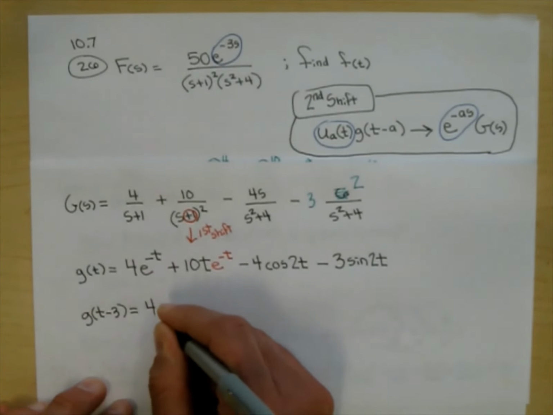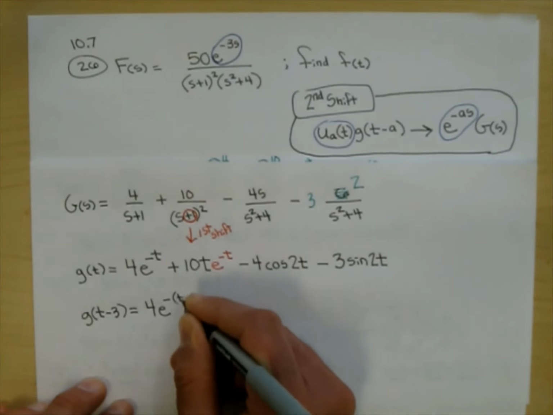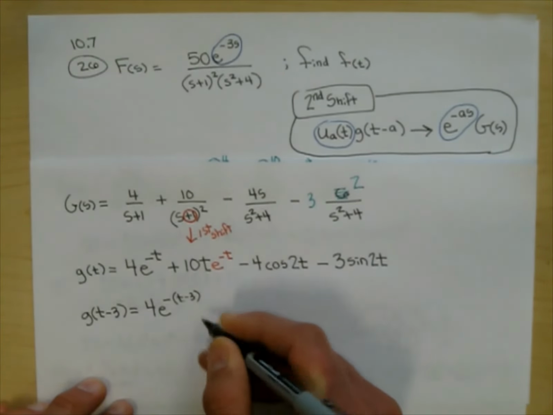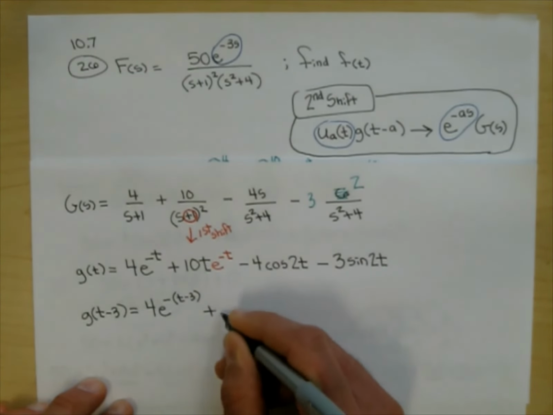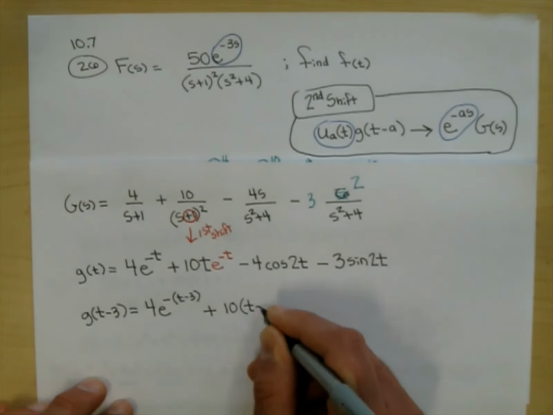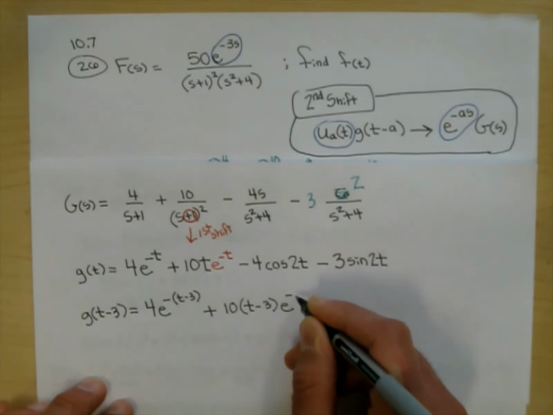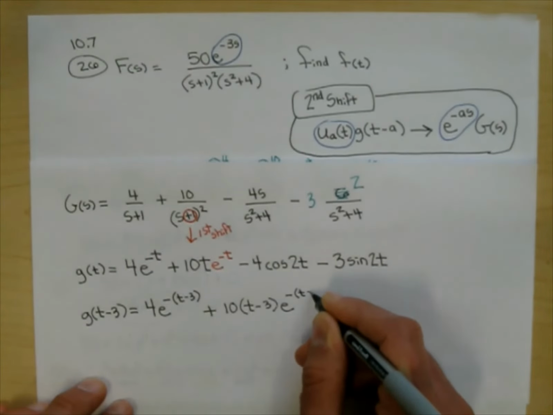So for e negative, and then we have t minus 3 in parentheses, plus 10. There's a t, so t minus 3. Then e raised to the negative, and then we have t minus 3.